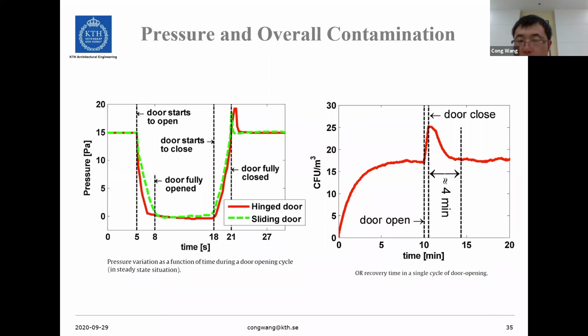And the red figure shows the time development of the airborne contamination. This is the overall airborne contamination. As we can see, as the door opens, there is a sudden increase of airborne contamination level in the operating room. And then after the door is fully closed, the airborne contamination level starts to decay, but it takes nearly 4 minutes for the airborne contamination level to decay to the original level.